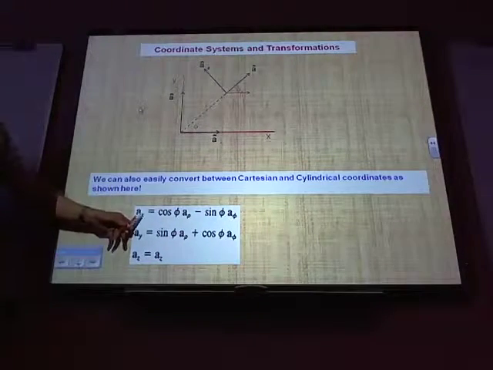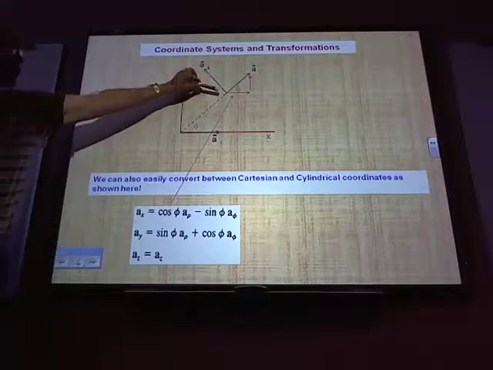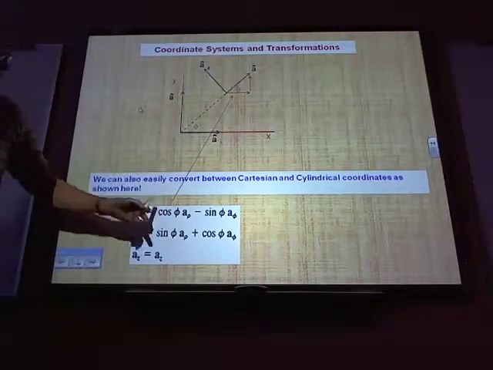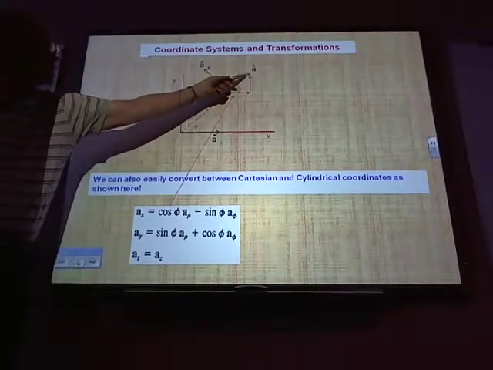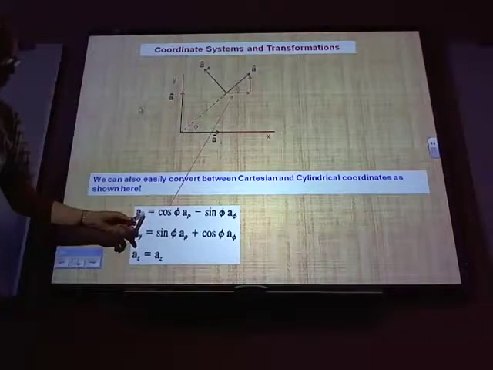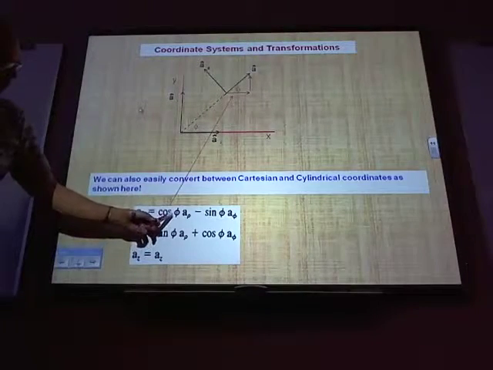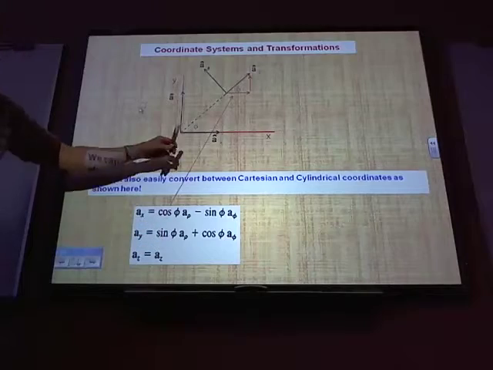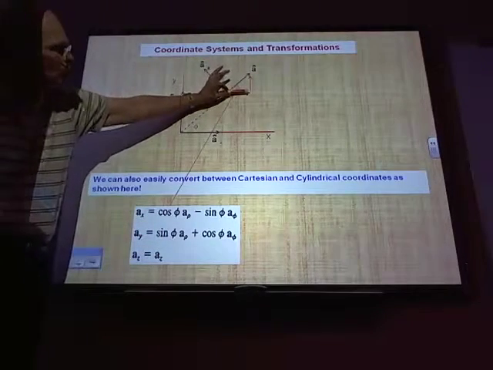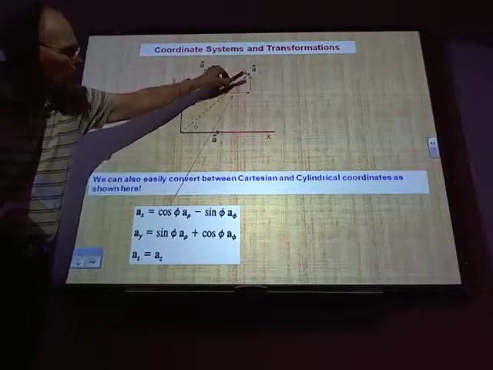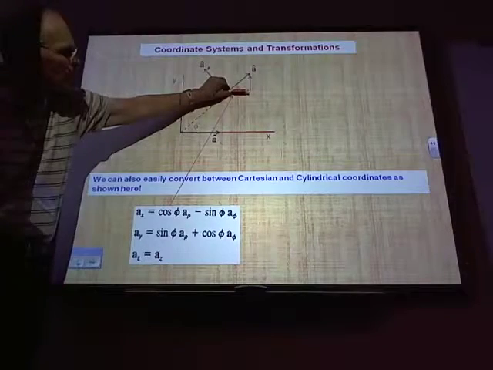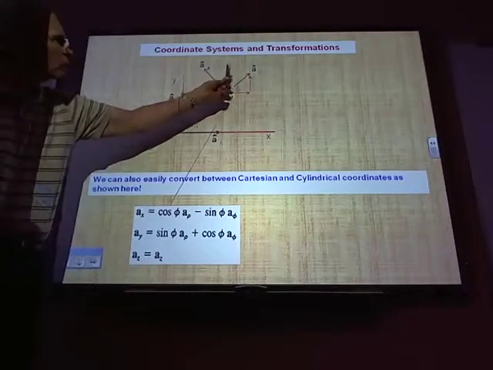But if you took this ax component right here, okay? If you took a rho and you picked off this ax component, it would be a cosine phi. If you want to know what this component is in terms of a rho, it's the cosine phi component. Here's your a sub phi up here.